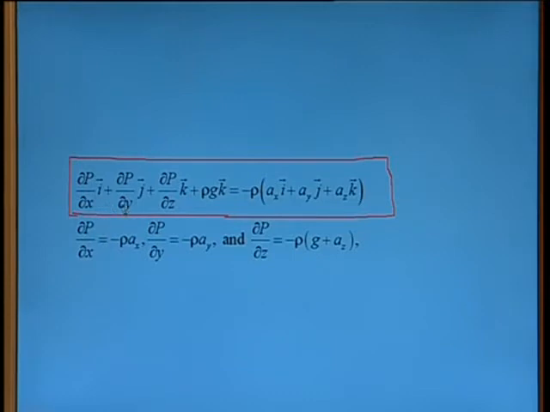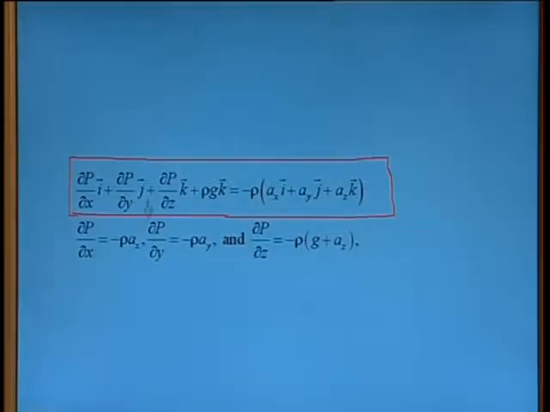Then this vector equation may be written as ∂P/∂x is equal to minus rho ax, ∂P/∂y is equal to minus rho ay, and ∂P/∂z is equal to minus rho (g plus az).